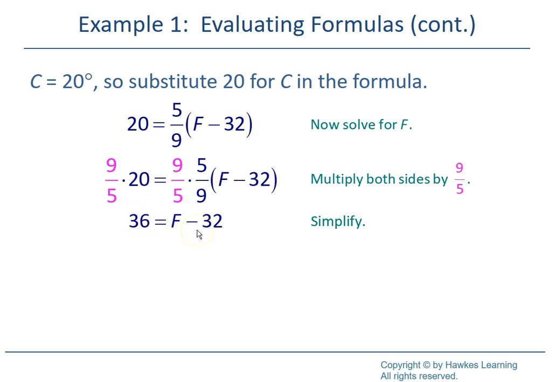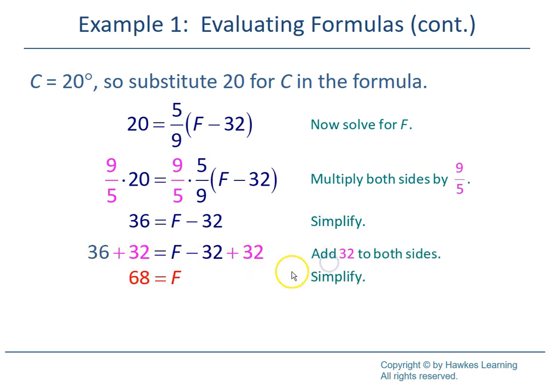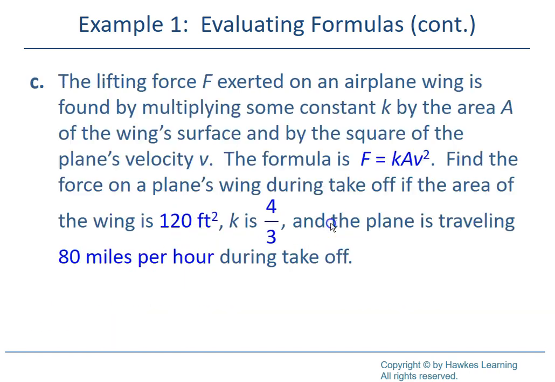So now if we subtract, or I should say add 32 here, that makes this a 0, and we add 32 there. That's what they're doing. Your Fahrenheit, when the Celsius is 20 degrees, is 68. So these are pretty much the steps I would have written and a way to do it.